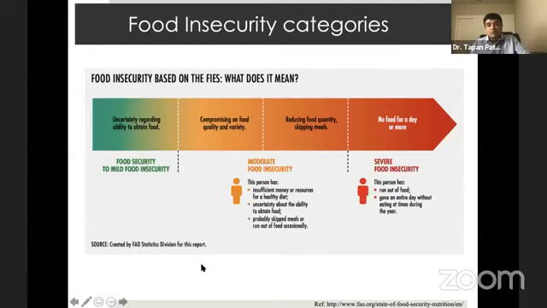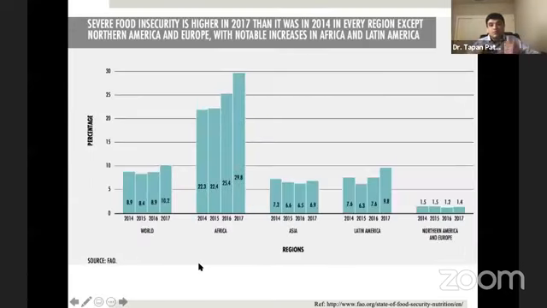But unfortunately, in recent years, we are seeing a gradual increasing trend. If you look at Africa in the last 3-4 years, 2014 to 2017, severe food insecurity has gone up to 7 to 8%. On a global scale, it's roughly about 2%, and it's gradually crawling up in Latin America, and there are many other places too.